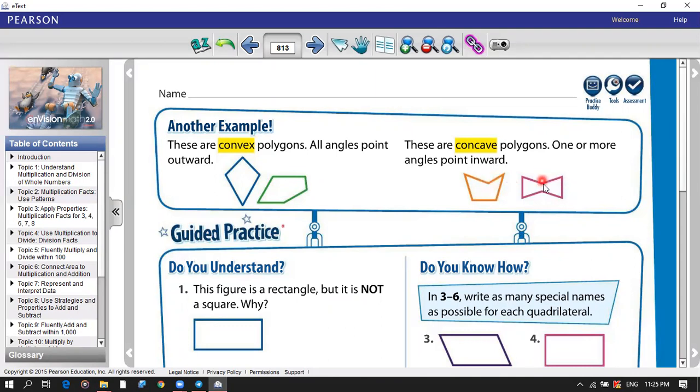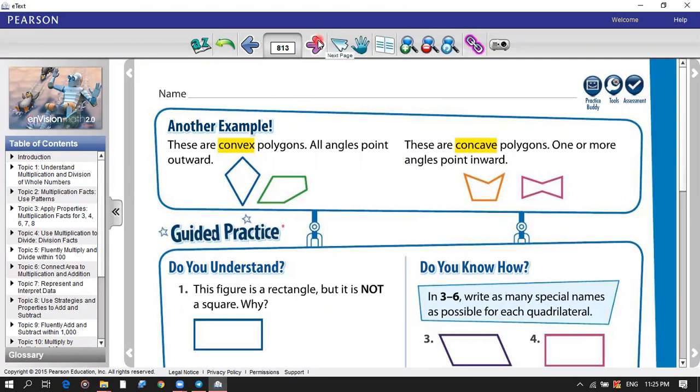And these two angles here are pointed inward. Pointed to the inside. This is called a concave polygon. And the polygons with the angles that are pointed outward are called convex polygons.